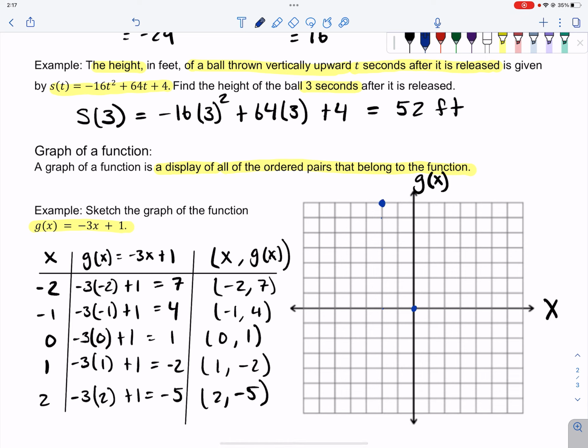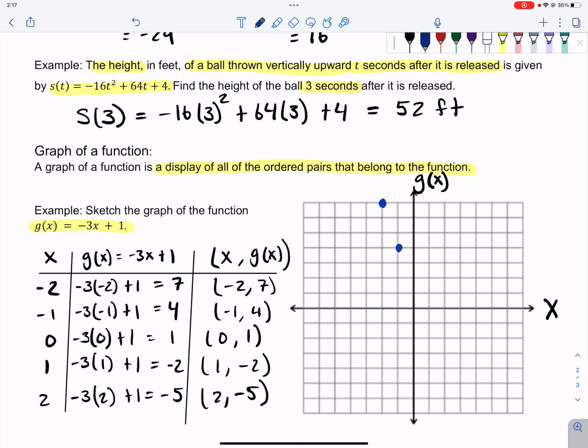So that's right at the top edge of my graph is where my first ordered pair is going to be for the -2, 7. The next ordered pair is -1, 4. So I have to go left 1 from my origin and then up 4 for my second point.